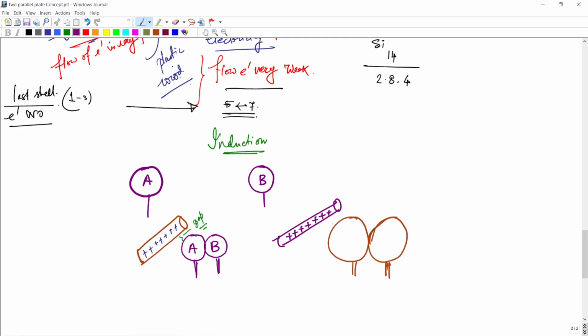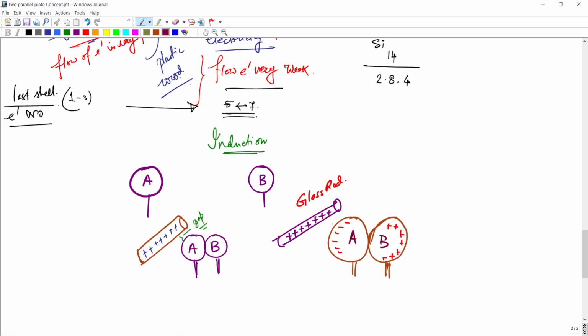On the portion of the metal ball near the glass rod, you see the negative charge is accumulated on the left side. If the negative charge is accumulated on the left side, obviously the positive charge is also accumulated on the right side.